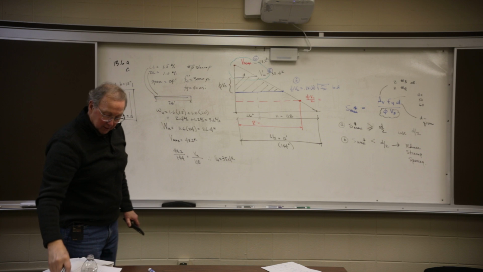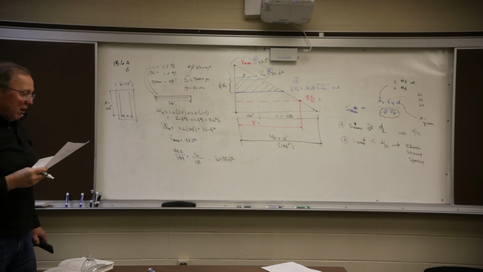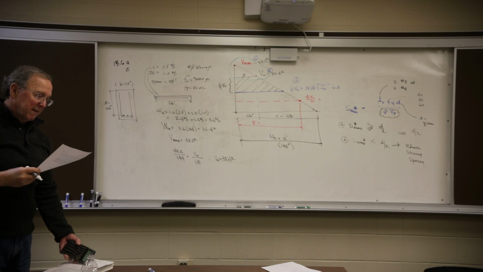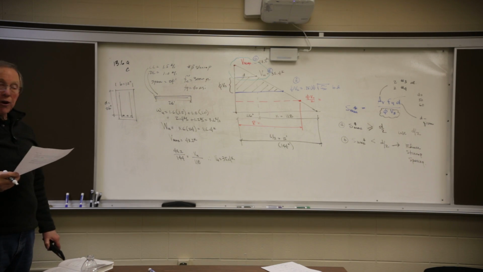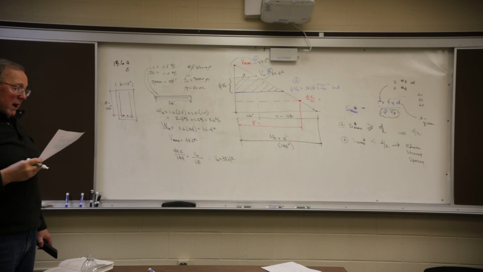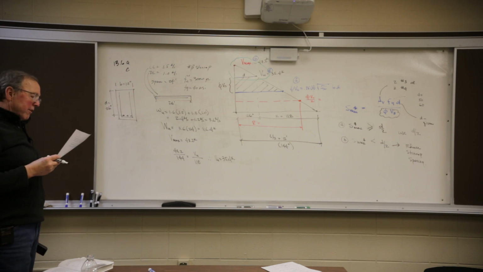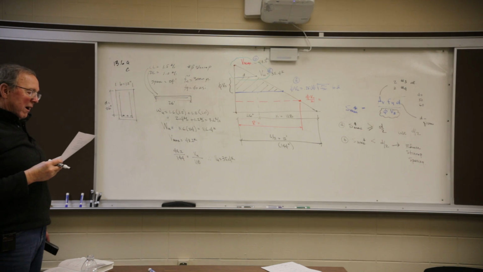Okay, on your handout, what we've done right now is we've got ourselves in a position where we figured out letter E, VU. There's the formula. I think the similar triangle should take care of that for you. Okay, now if phi VC is greater than VU, the stirrups are required.